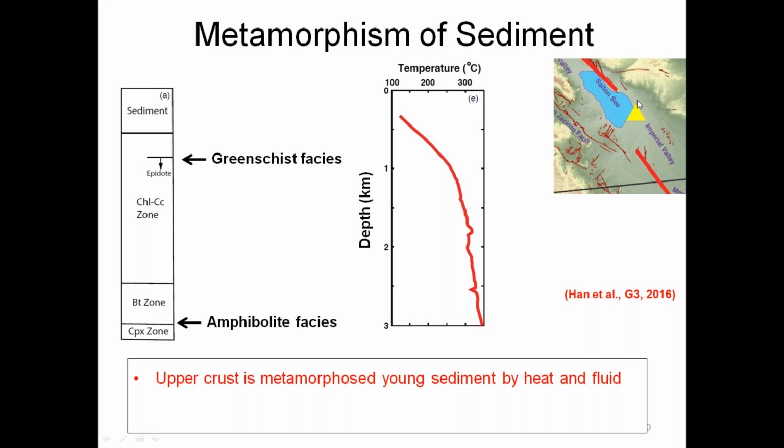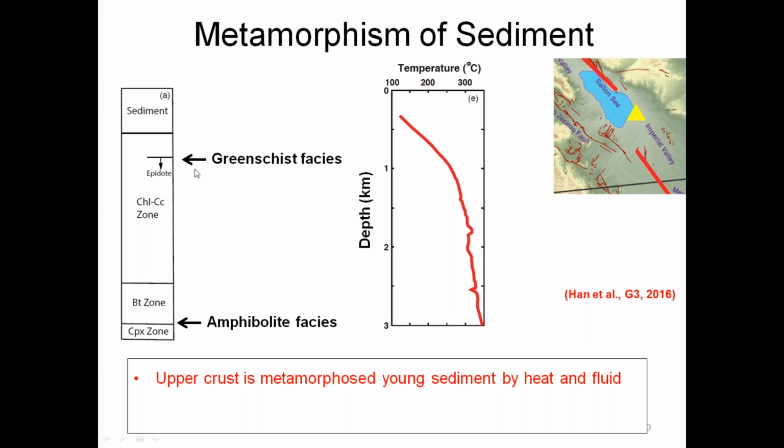The borehole shown by the red-yellow triangle in the map is about 300 meters from our seismic line. This borehole sees progressive metamorphism of sediment from the surface into the chlorite-calcite zone, the biotite zone, all the way into the clinopyroxene zone. And the temperature in the borehole is very high, up to 300 degrees C at only 1.5 kilometer depth.